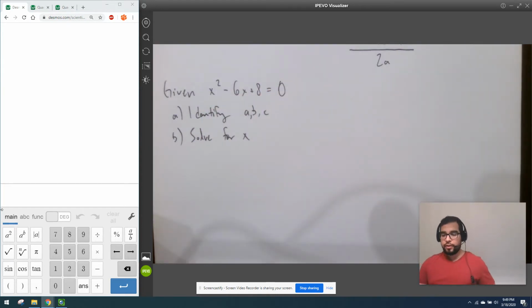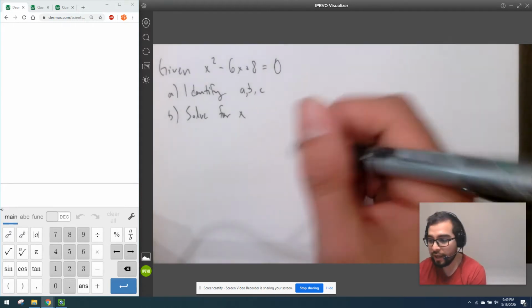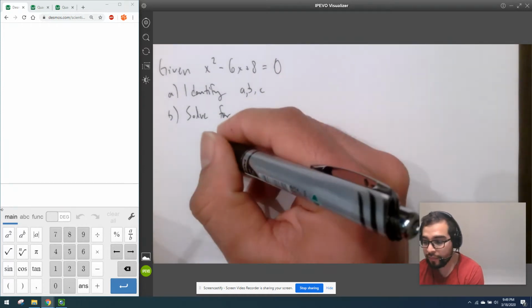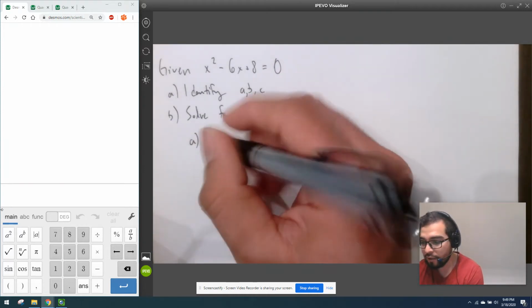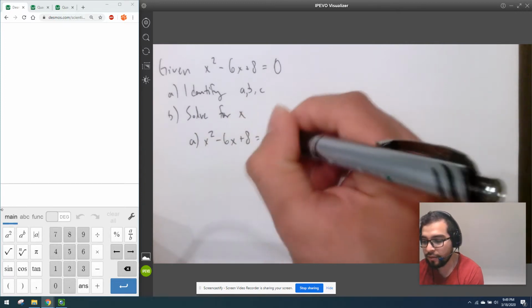So in this case, we have the following quadratic: x squared minus 6x plus 8 is equal to 0.